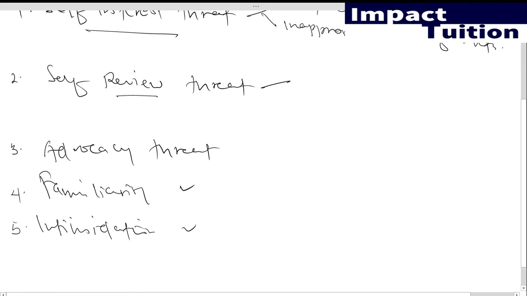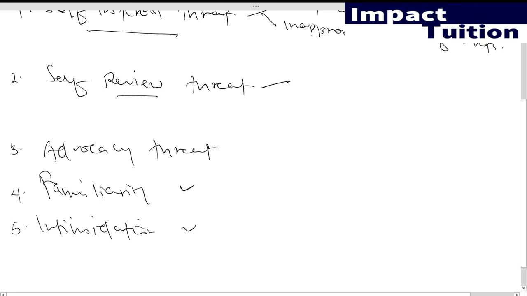Advocacy threat is the third. A professional accountant may promote the organization's position by providing financial information as long as the information provided is neither false nor misleading. Such actions would not create an advocacy threat.